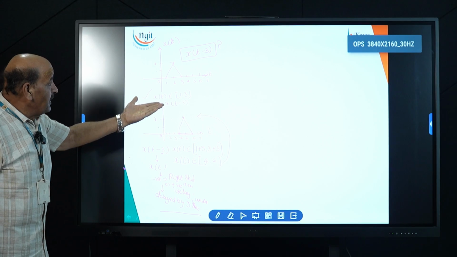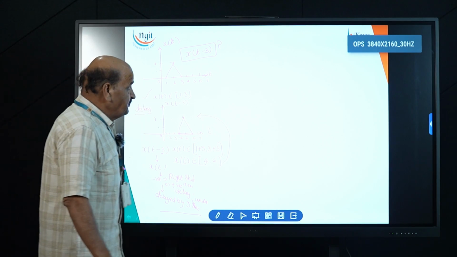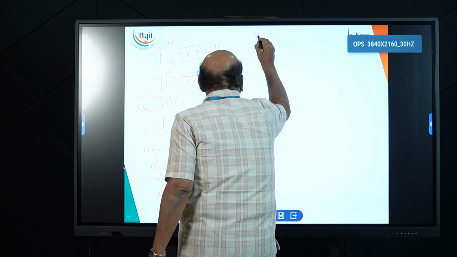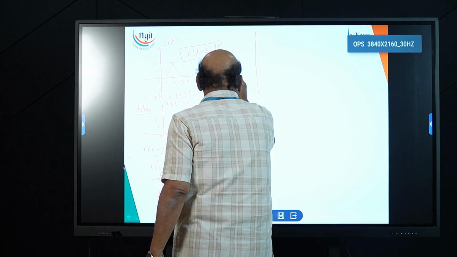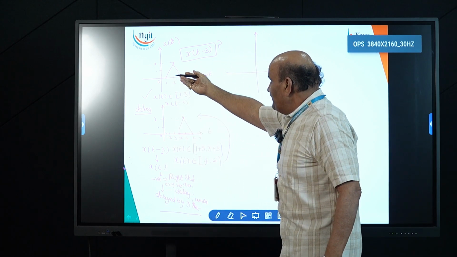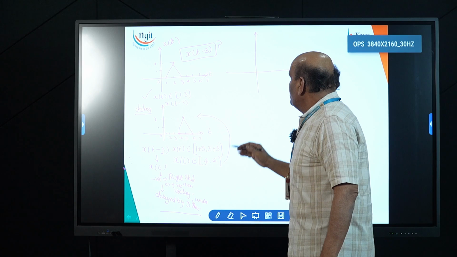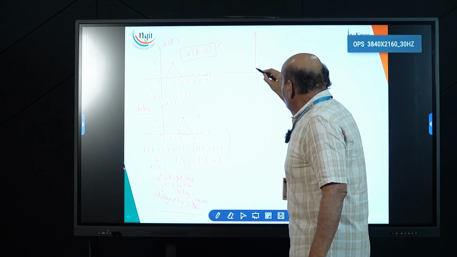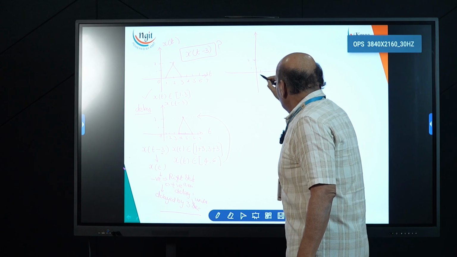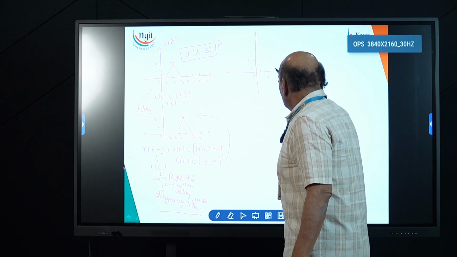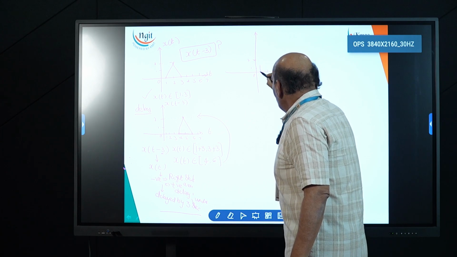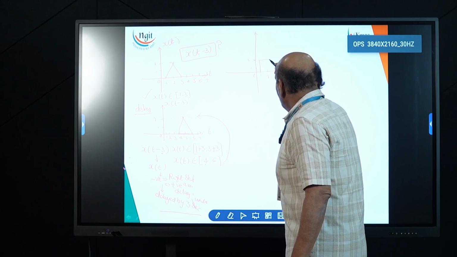Now we are going for left shifting. Now just look at this graph. For example, take the same signal x of t. In the same way, this is 1, this is 2, 0, 1, 2, 3, 4, 5. There is a train.